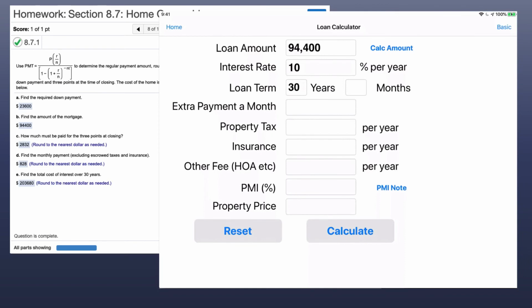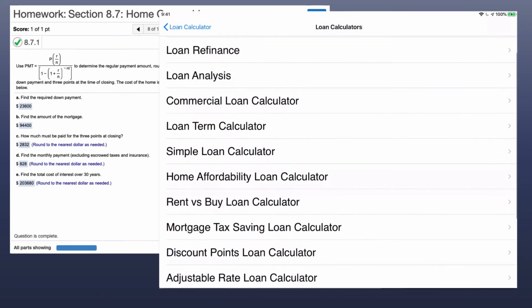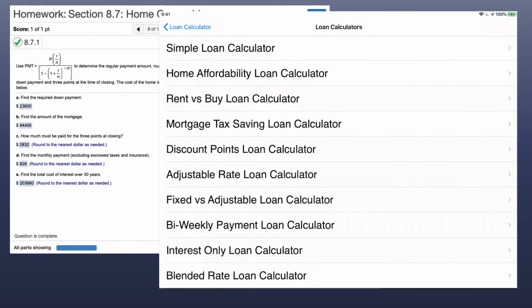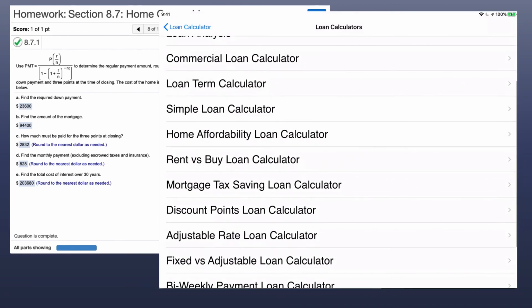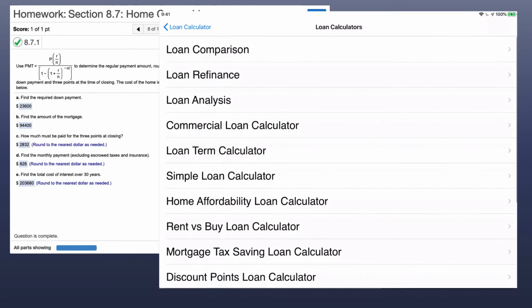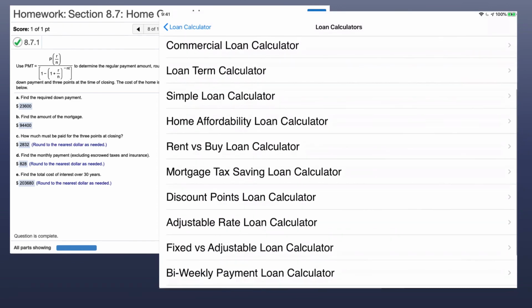So you can put in like insurance and property tax rates and stuff. Okay. And I can also, under this loan calculator, I can go more, and there's a whole slew of things you can compare. All right. And in fact, there's one on here, if I remember. It's a discount points calculator.